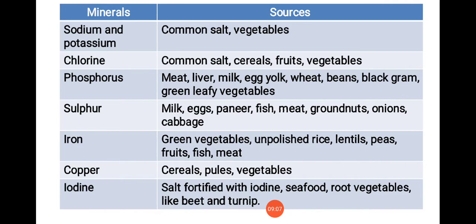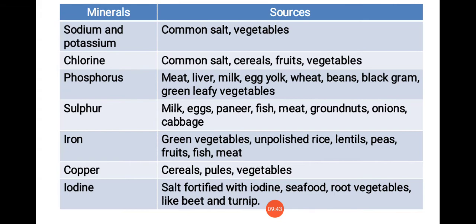So we'll see the sources of minerals. Sodium and potassium we get from common salt, which we add in the food, and vegetables. Chlorine we get from common salt, cereals, fruits and vegetables. Phosphorus we get from meat, liver, milk, egg yolk, wheat, beans, black gram and green leafy vegetables.